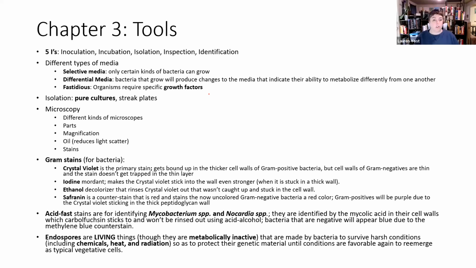All right, so now we're going on to isolating our organisms. We talked a little bit about taking this sample and breaking it down to be sure that it is a pure culture. We can use things like streak plates, where we literally just take a plate. You guys know this from the lab, hopefully. You take a plate and then flame it, and then flame it.